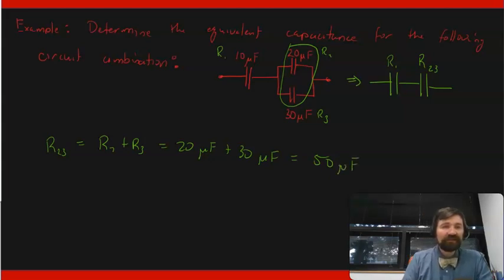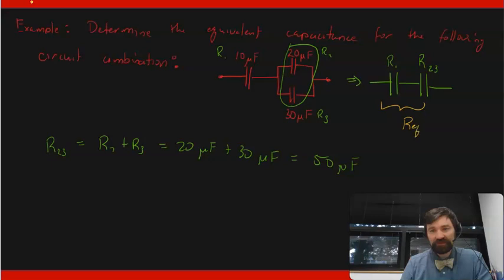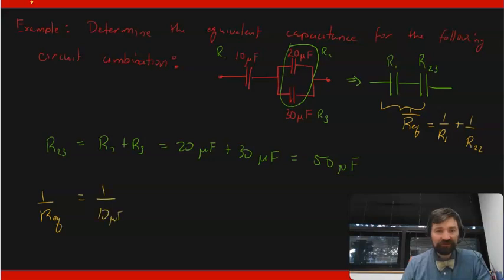Now we can combine these in series with each other. So this gets me 1 over R equivalent is 1 over R1 plus 1 over R23. So 1 over R equivalent, using this formula, is 1 over 10 microfarads plus 1 over 50 microfarads.